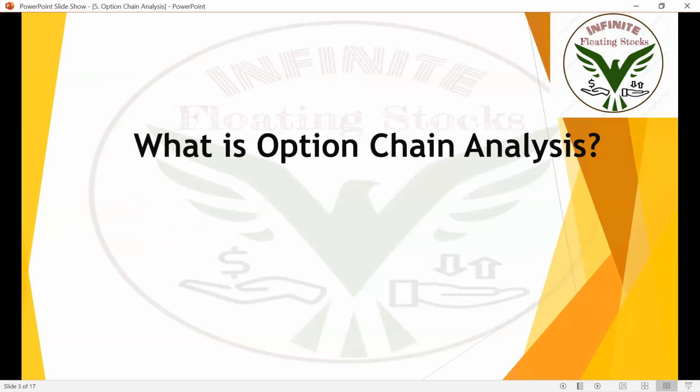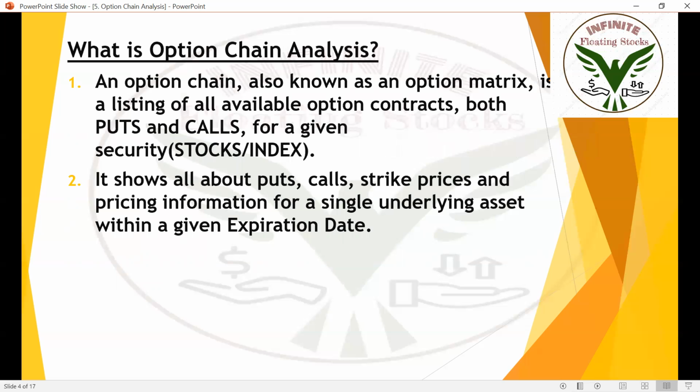I'm going to explain it in a very simple format, in very simple words, so that you directly get it into your head. Here is the simplest definition for option chain analysis. If you're not understanding the definition, no worries, I'm going to explain it again.